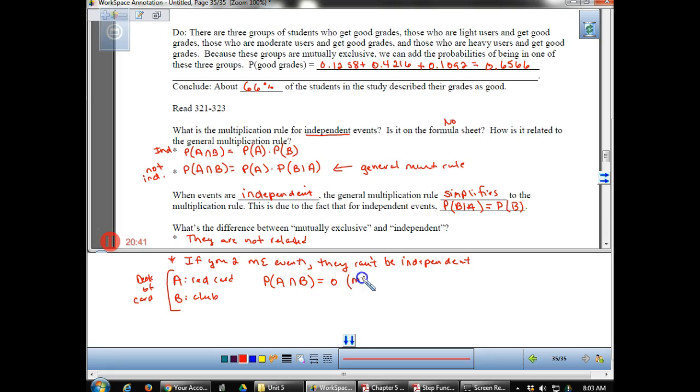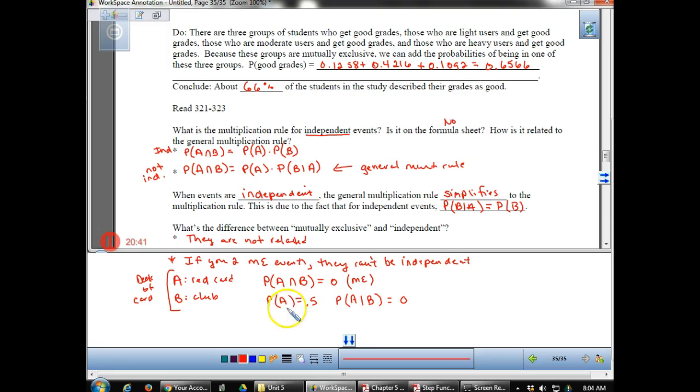These are totally mutually exclusive, and it's because clubs are black. Now, the probability of A is 0.5 because half of the cards are red, half the cards are black. So the probability of A given B is going to be 0. So knowing that I have a club, the probability to have a red is 0. So that is why mutually exclusive events will never be independent.